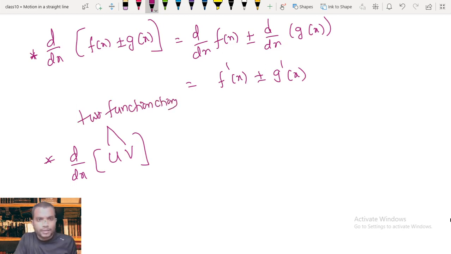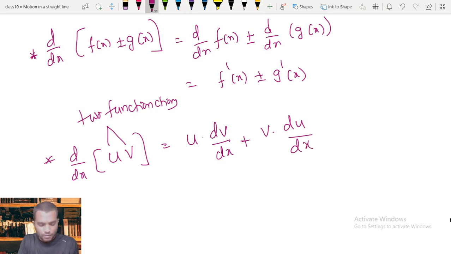So we can write this as first function u times the differentiation of the second function, dv by dx, plus second function v times the differentiation of the first function, du by dx. So that we can say is the product rule.